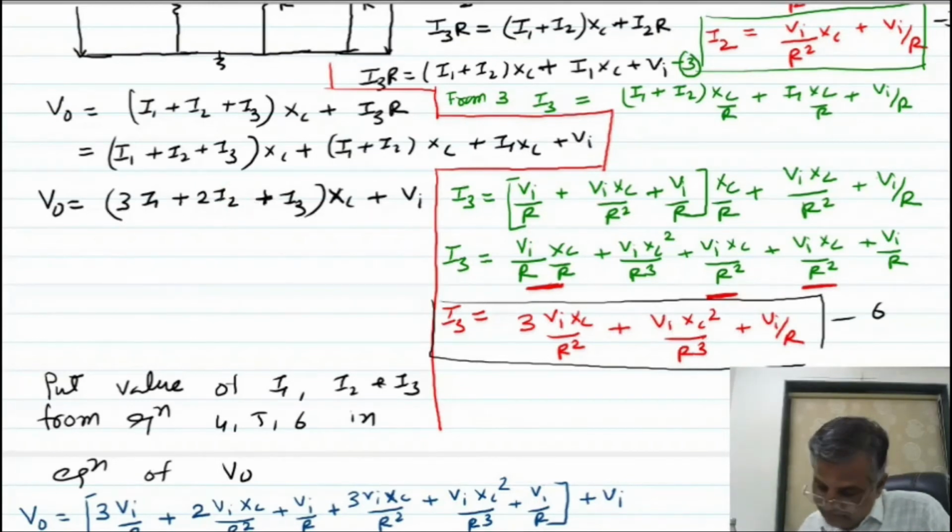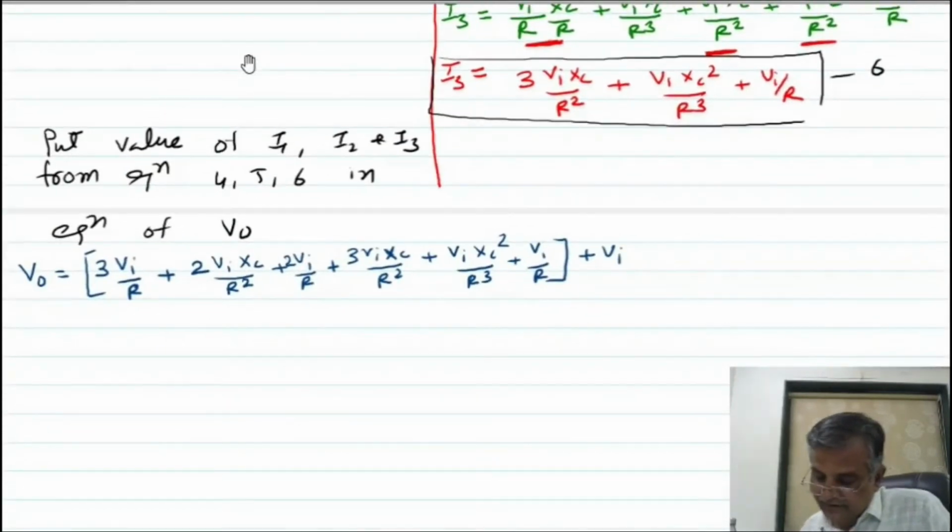And here 3 Vi, yes, 3 into I1. 2 into I2 means 2 into this: 2 Vi Xc by R square, 2 Vi Xc by R square plus 2 Vi by R, plus I3: 3 Vi Xc by R square plus Vi Xc square by R cube plus Vi by R. Now let us simplify.